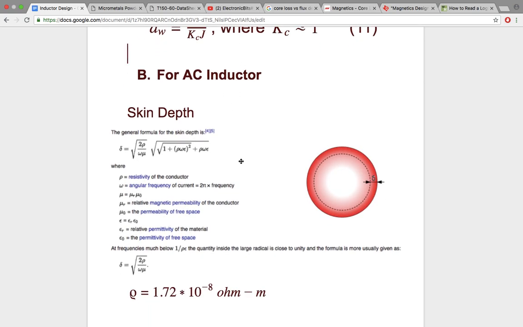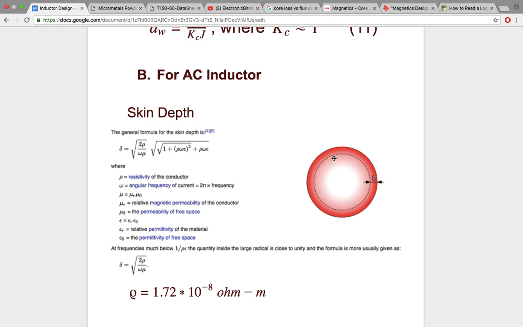If the cross-sectional area of the wire is not correctly selected, then a problem like this may occur. Let's say this is a cross-sectional view of the wire, where the red shows the intensity of current flowing in the wire. We can see that the current is not uniformly distributed in the AC case.